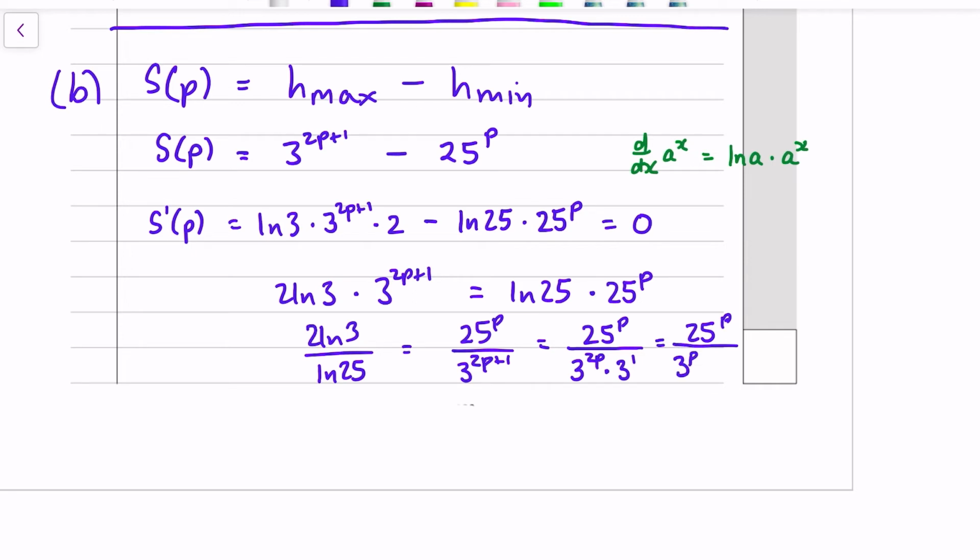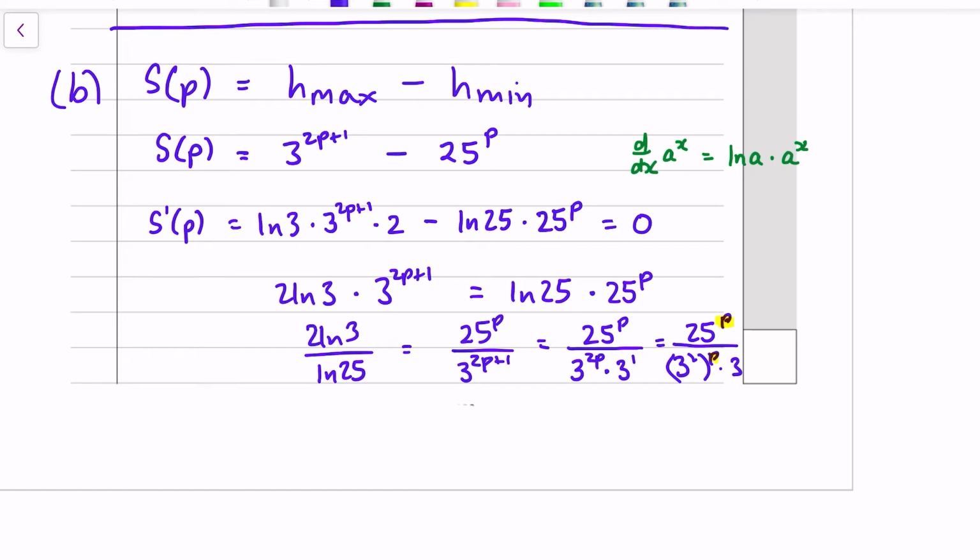Do I want to do that? No, I don't want to write 3 to the p all squared. I want to write 3 squared to the p. And the reason I've done that is because now there's only a p in both of the numerators.